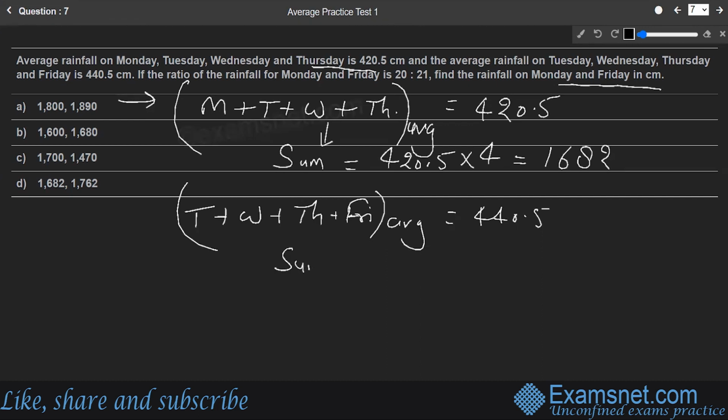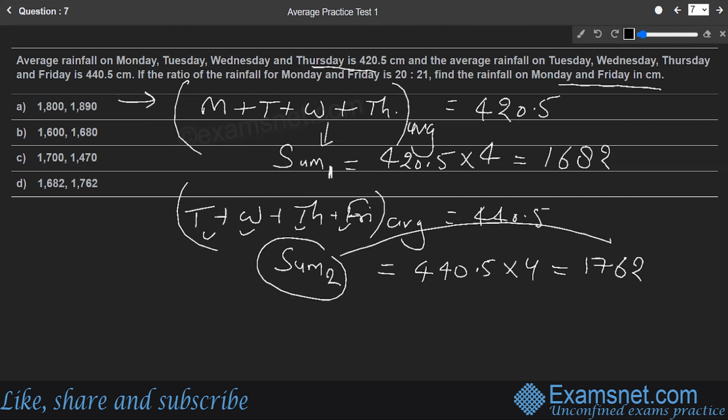Similarly, we can find out the sum number 2 for the other days, Tuesday, Wednesday, Thursday, Friday. It can be calculated by multiplying the average with 4, because there are 4 days involved again. This total comes out to be 1762. Now, sum number 2 has a total rainfall of 1762, and sum number 1 has a total rainfall of 1682.